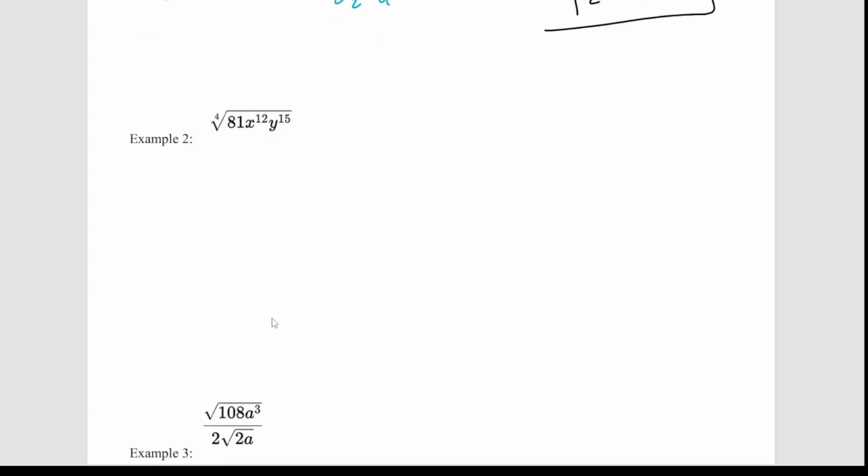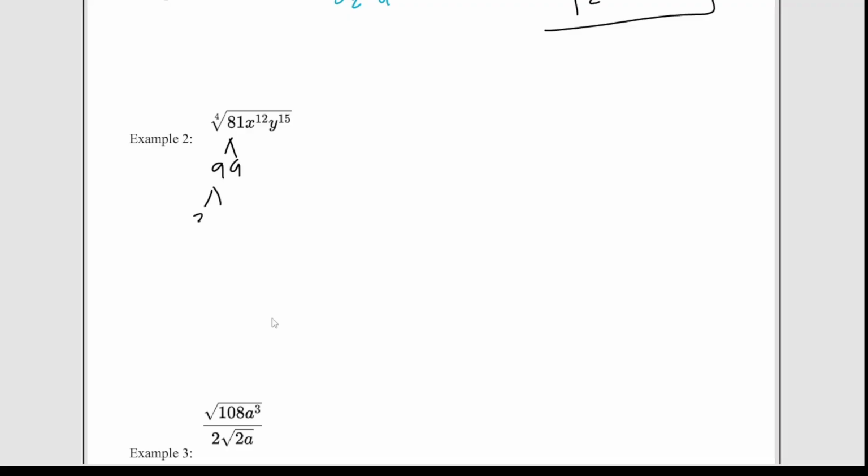For this next one, we want to ask ourselves what times itself 4 times gives us 81. Well, 81 is 9 times 9, and 9 times 9 breaks down into 3 times 3. So we know that the 4th root of 81 is actually just 3.